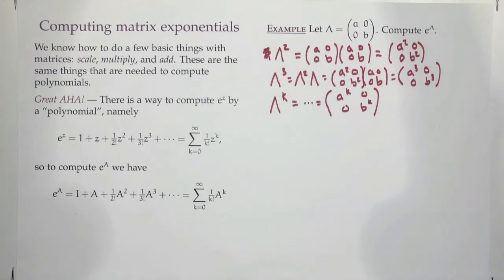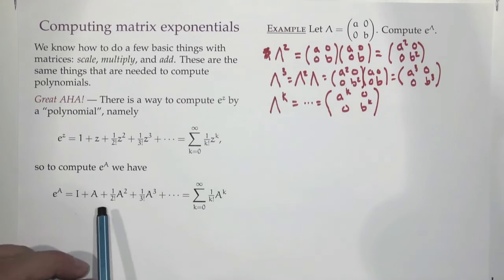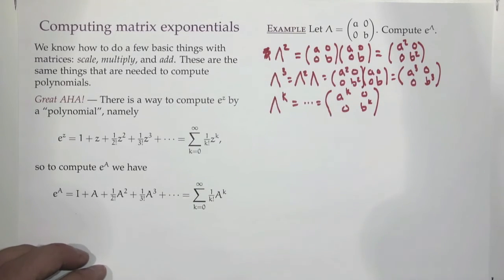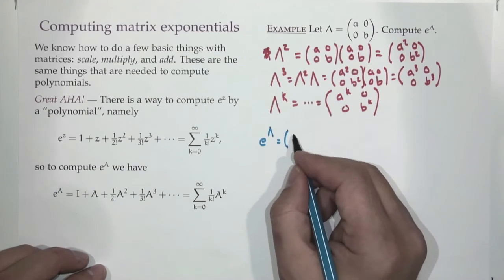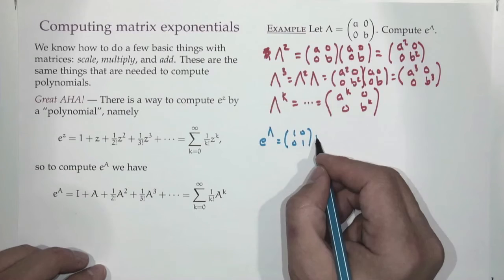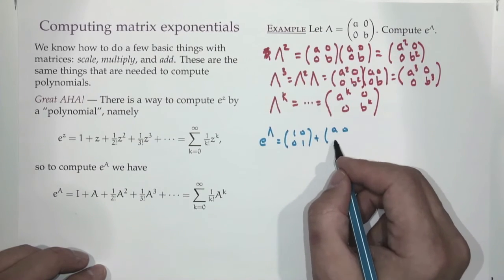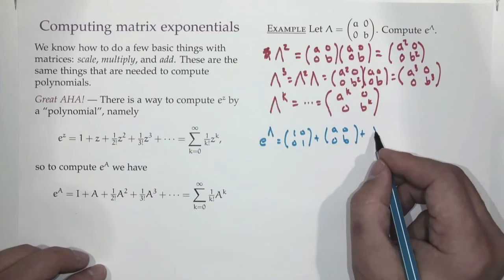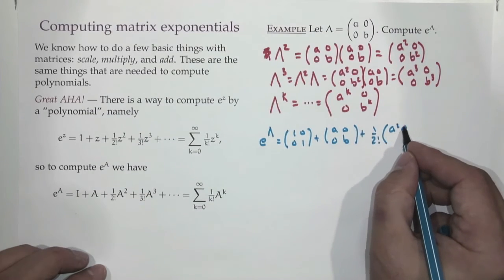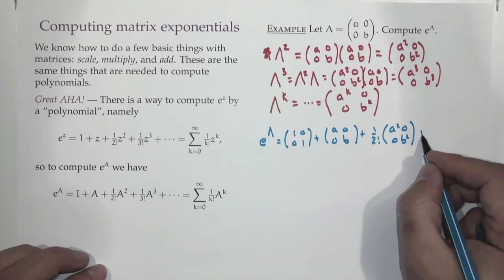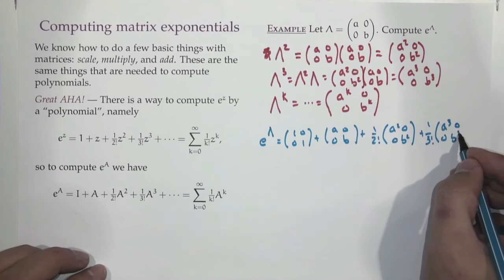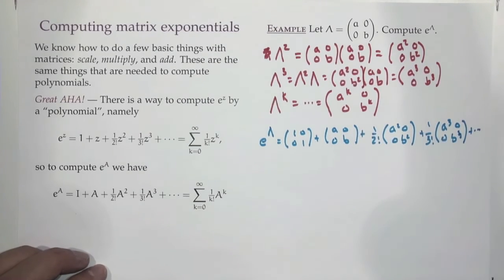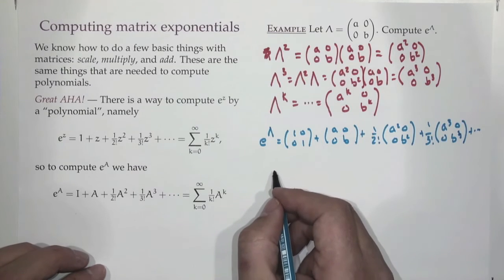All right. Well, cool. In other words, it's easy to figure out our individual pieces. So we can say e to the lambda looks like 1, 0, 0, 1 plus a, 0, 0, b plus 1 over 2 factorial a squared, 0, 0, b squared, plus 1 over 3 factorial a cubed, 0, 0, b cubed, and so forth. Now let's just add these matrices together.